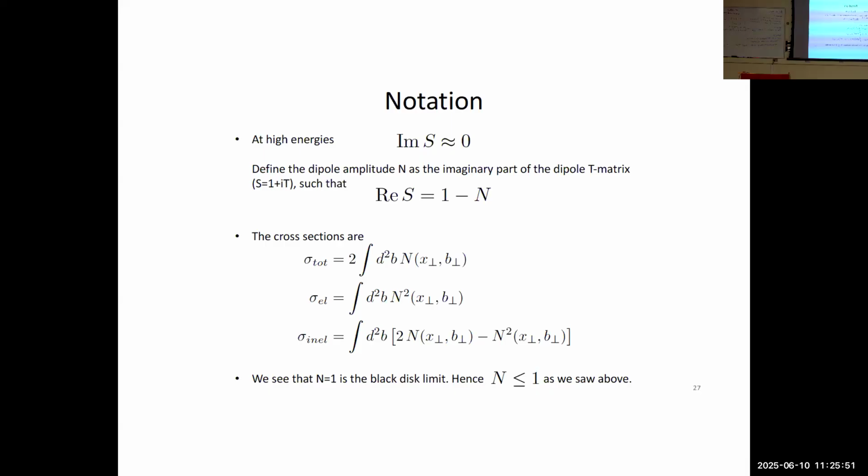QS squared is defined to be 4 pi alpha S squared CF over NC, times the curve. Let me pause a second to get my factors of 2 right.